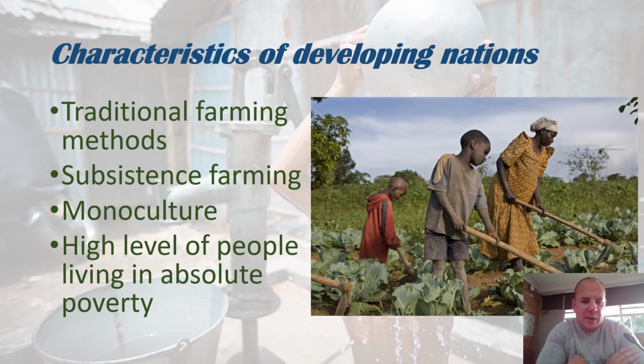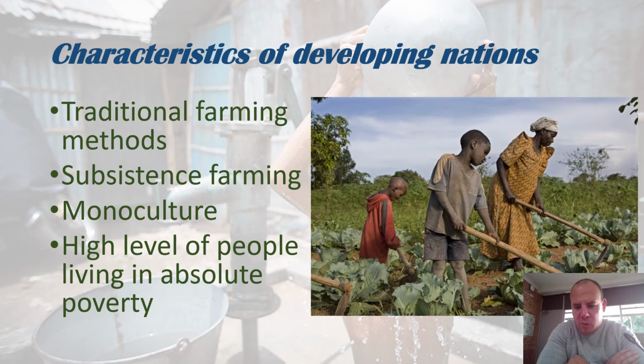But basically what we do look at for developing nations, we do see traditional farming methods, as you can see in this picture. This is what we mean by that. And we have what's called subsistence farming. Subsistence farming is just making enough food to feed yourself and your family, and a small amount that you might sell to market to make a little bit of profit.